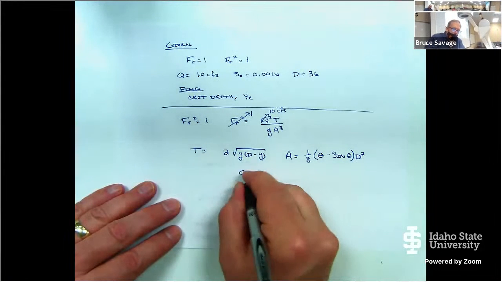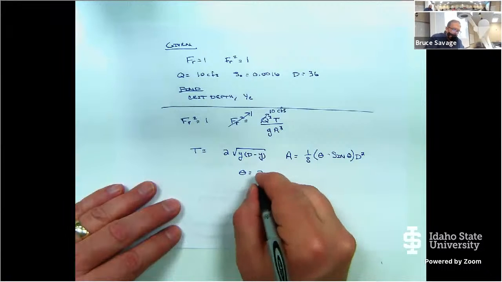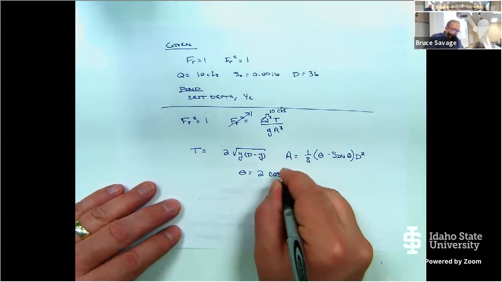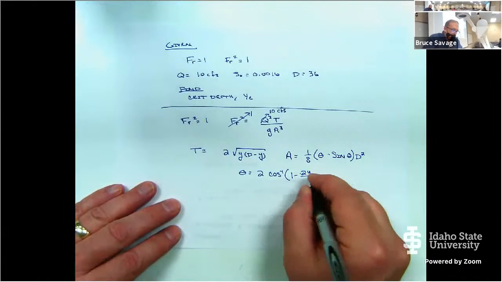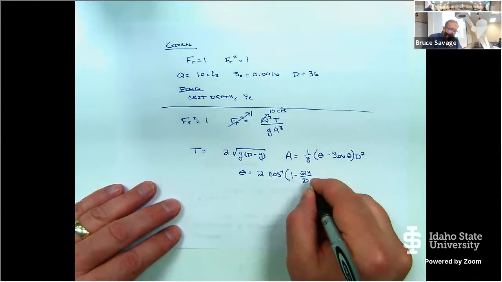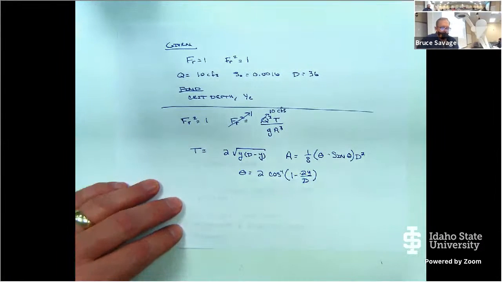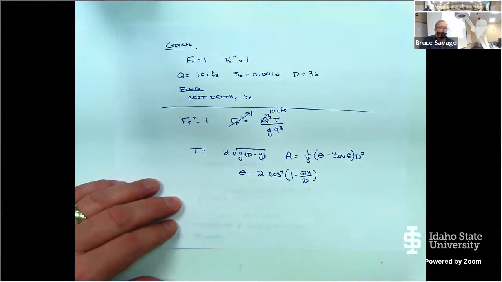And I also know that theta is equal to 2 times the inverse cosine of 1 minus 2y divided by d, okay?